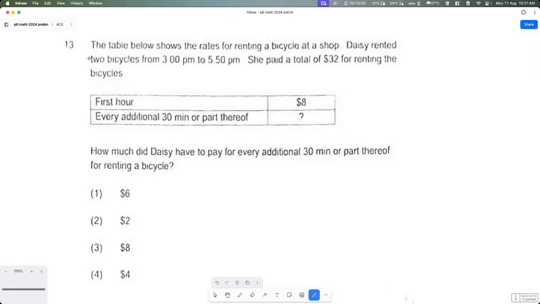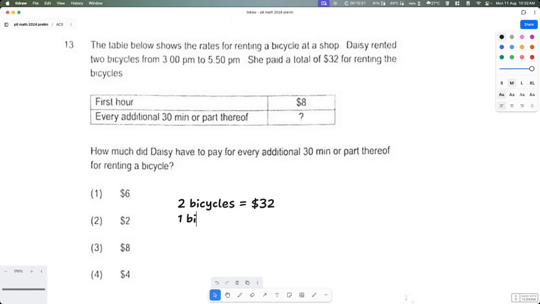Okay, so question 13. The table shows the rates for renting a bicycle at a shop. Daisy rented 2 bicycles from 3 p.m. to 5:50 p.m. She paid a total of $32 for renting the bicycle. The first hour is $8. How much did Daisy have to pay for every additional 30 minutes or part thereof? So you have 2 bicycles equal to $32.